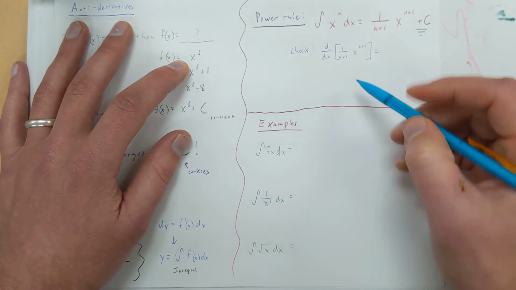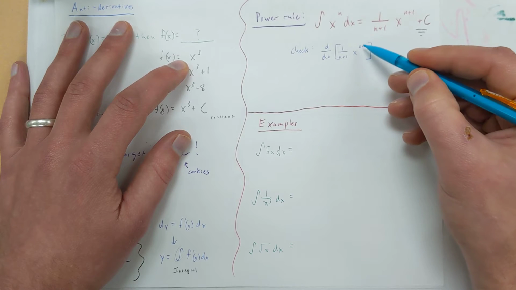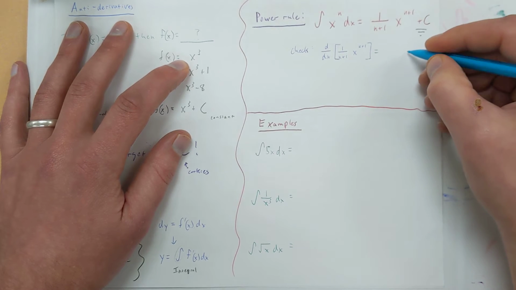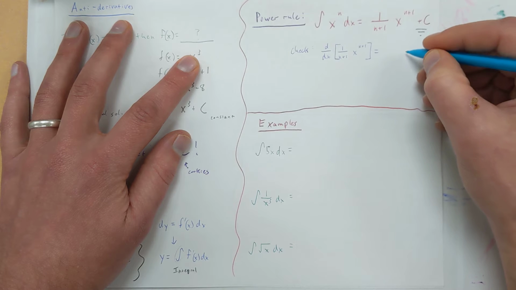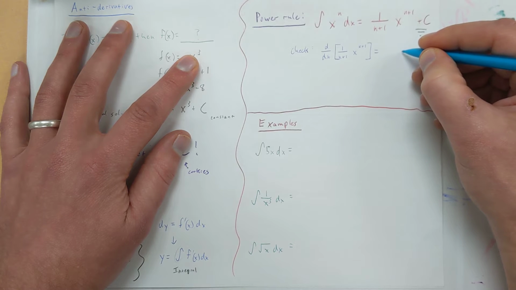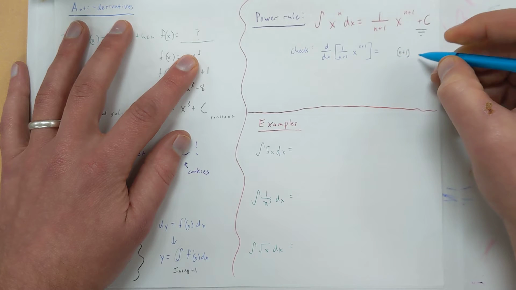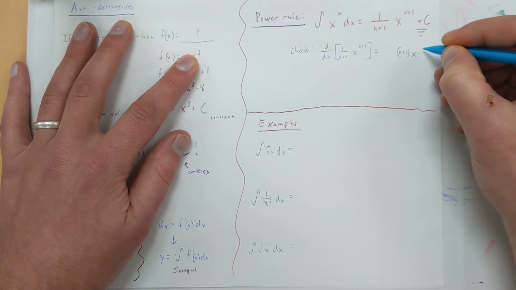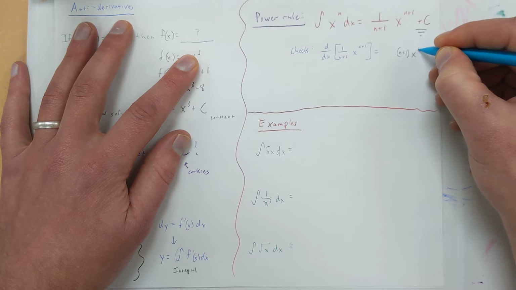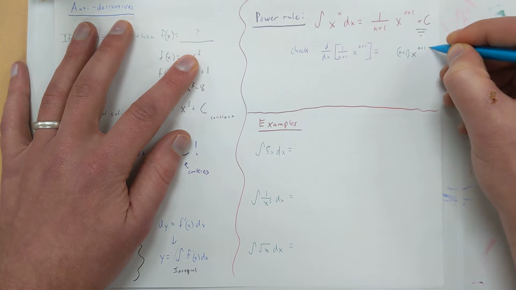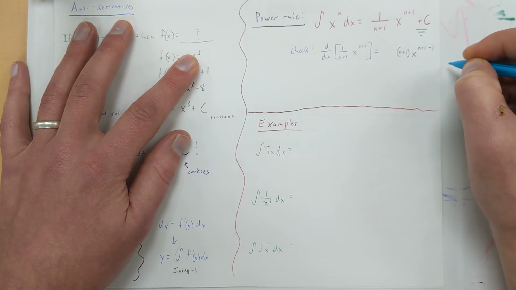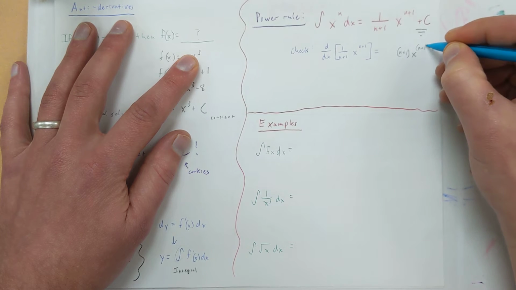Let's check this though. If I'm taking the derivative of x raised to n plus 1, down in front I bring whatever the exponent was, n plus 1. Then I have x raised to the, I subtract 1 from the exponent. It was this, now it's this.